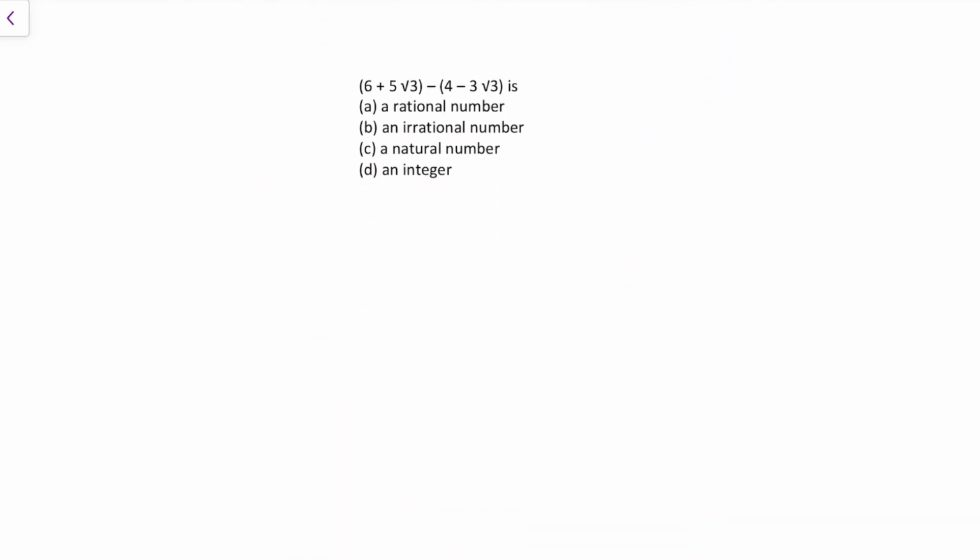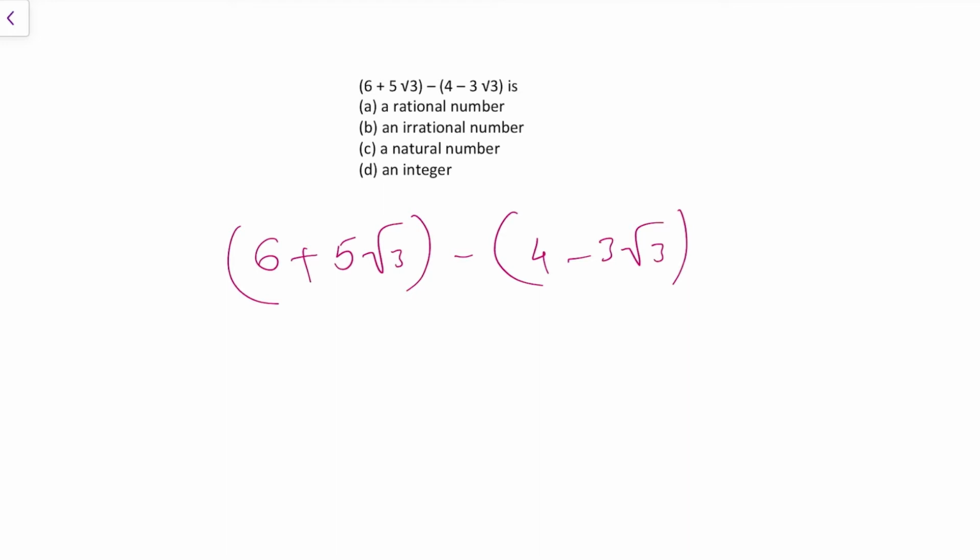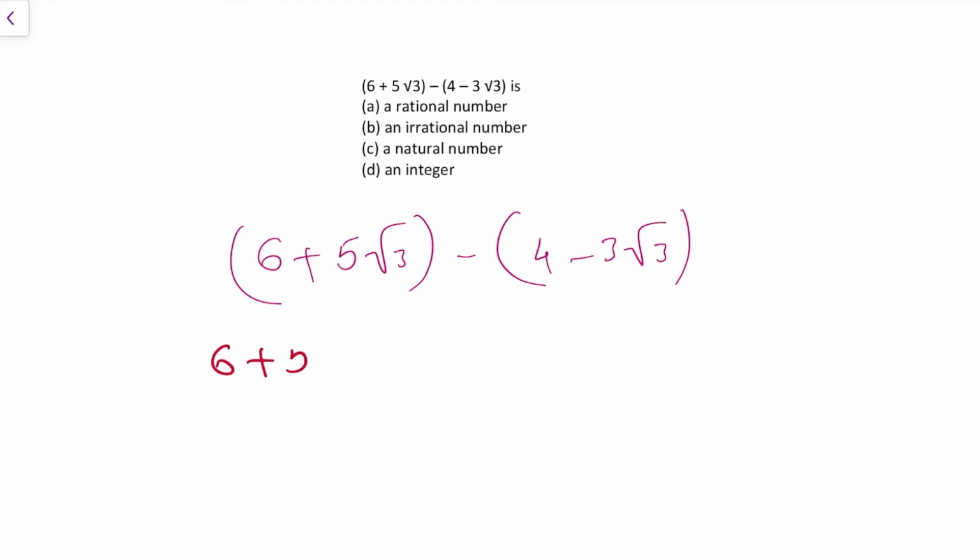Next question. 6 plus 5 root 3 minus (4 minus 3 root 3) is which kind of number? If I write it again, 6 plus 5 times root 3 minus (4 minus 3 root 3). The first thing I will do is remove the bracket. 6 plus 5 root 3, minus into 4 is minus 4, minus into minus 3 root 3 is plus 3 root 3.